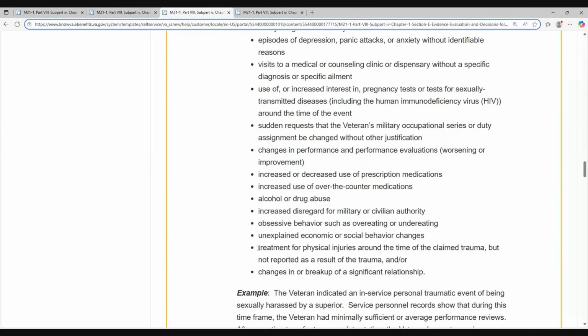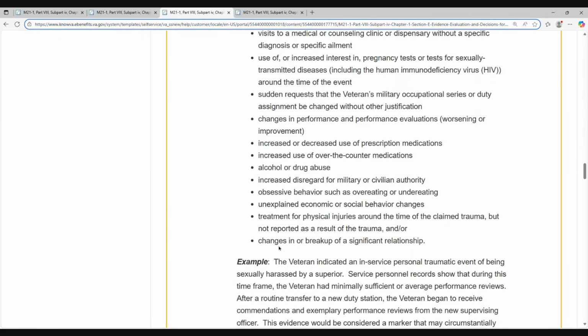But the way that this works is it has to show a trend. Let's say you had behavioral markers before the event occurred, and you had similar behavioral markers afterwards. Like, let's say before the person on person trauma happened, you got an Article 15 or some counseling statements.